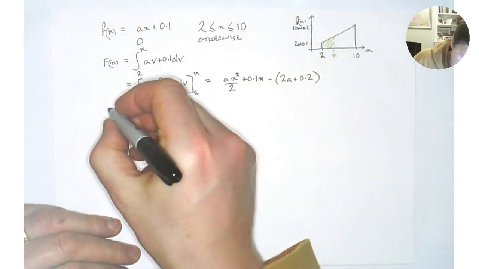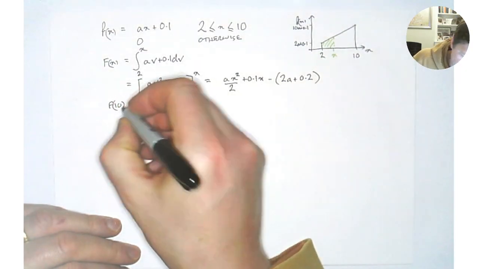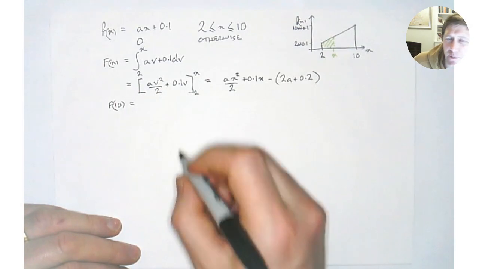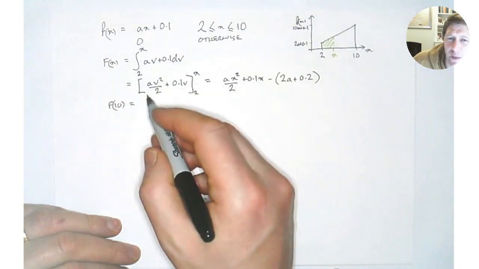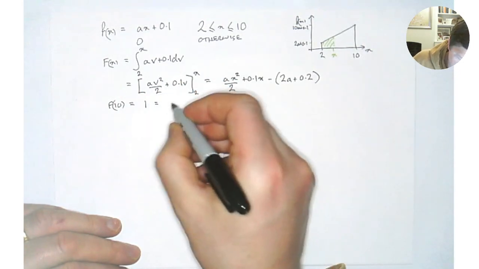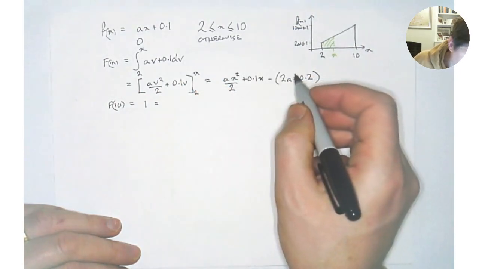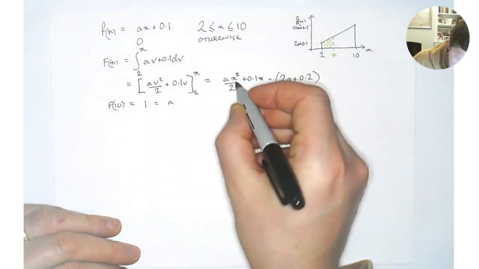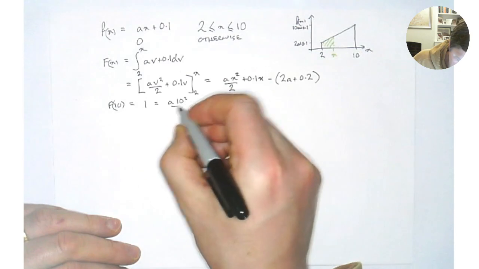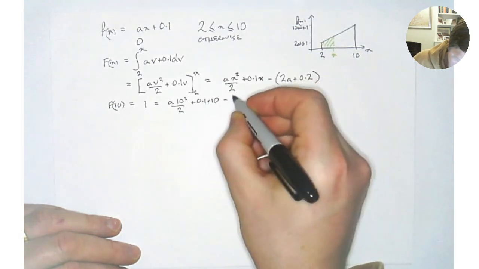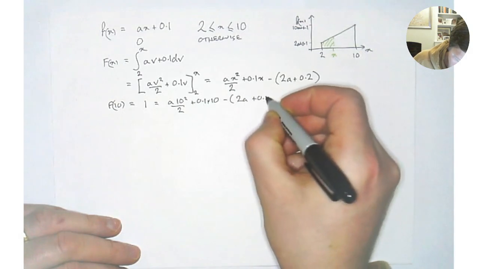So we can say that the cumulative probability at x equals 10 must be equal to 1, and obviously that's equal to this term here when x is 10. So a10 squared over 2 plus 0.1 times 10 minus 2a plus 0.2.